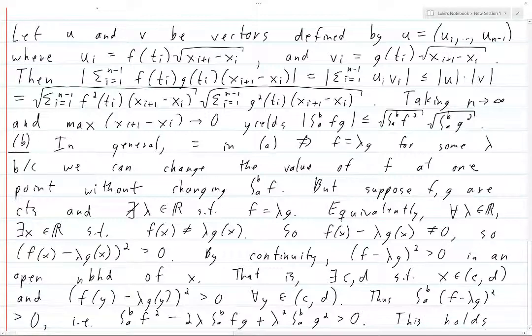Now note that at the beginning, what we said, suppose f and g are continuous and there does not exist... So equivalently, for all lambda, blah, blah, blah.